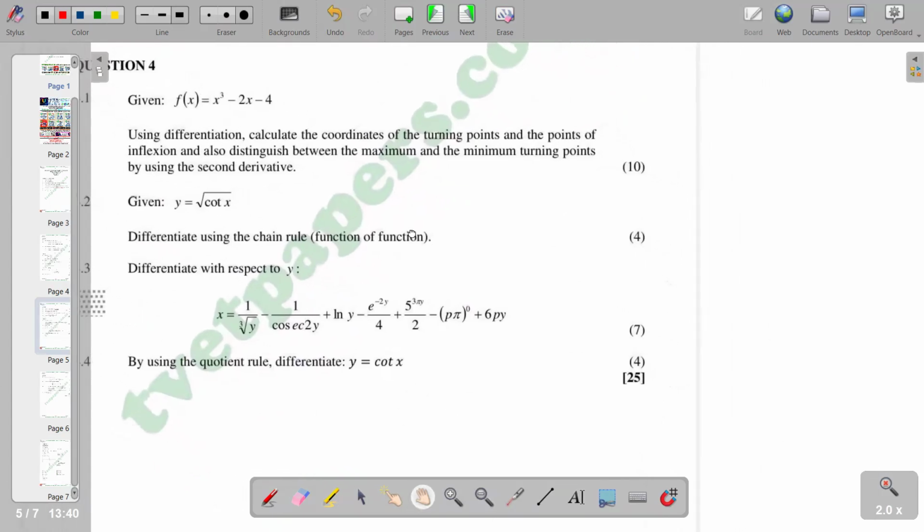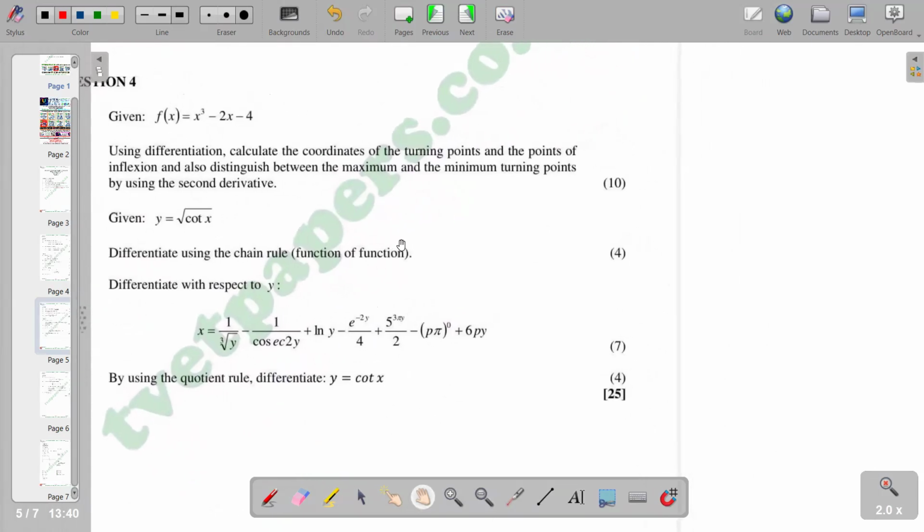Question number 4, on question 4.1, they are saying, given that f(x) is equal to x cubed minus 2x minus 4.